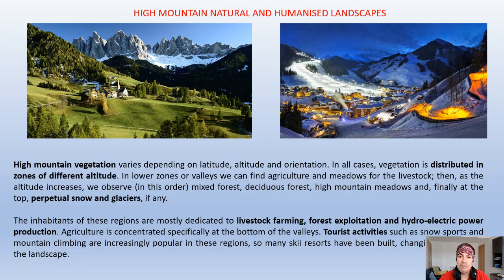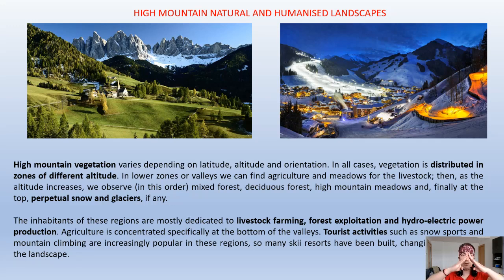The high mountain vegetation varies depending on latitude, altitude, and orientation. Orientation means which hillside of the two that a mountain has. Depending on which hillside we are on, the vegetation is different, okay?